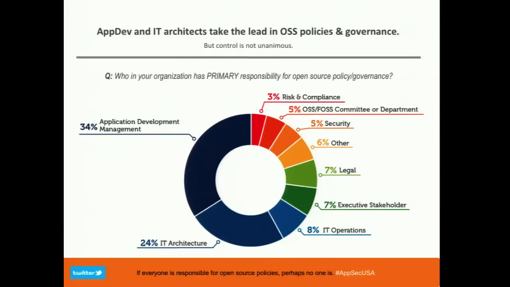So Damon, if you look from a DevOps perspective, who ultimately needs to be in charge of the policies or the governance? Well, I think there's this notion of shift left, right?